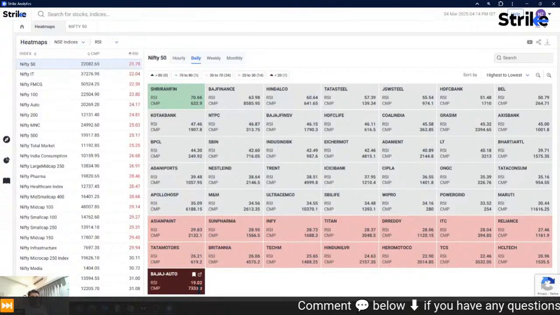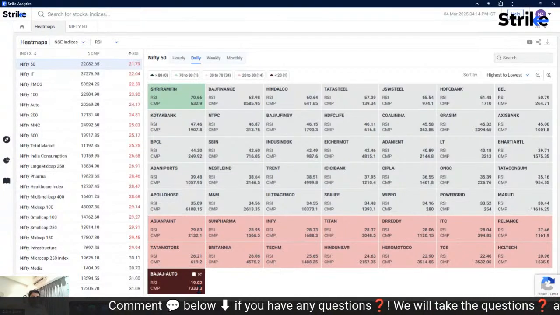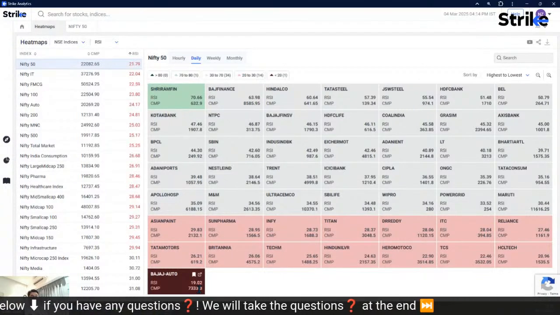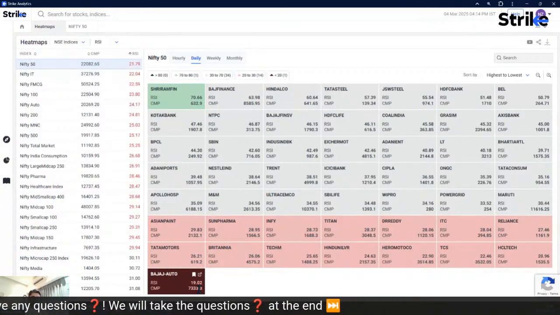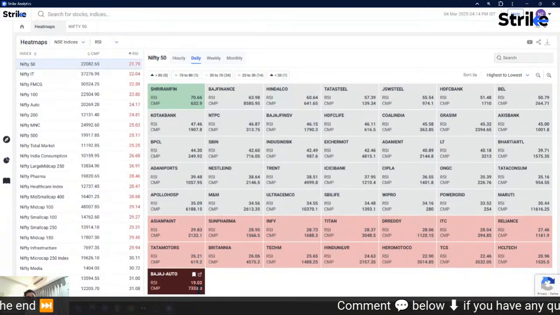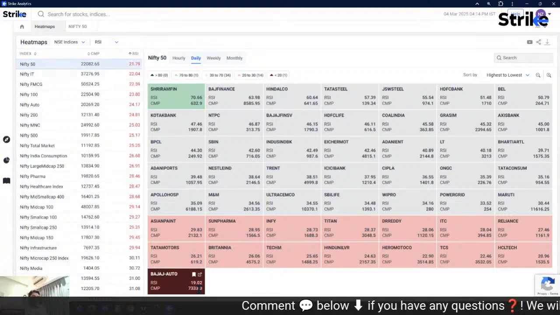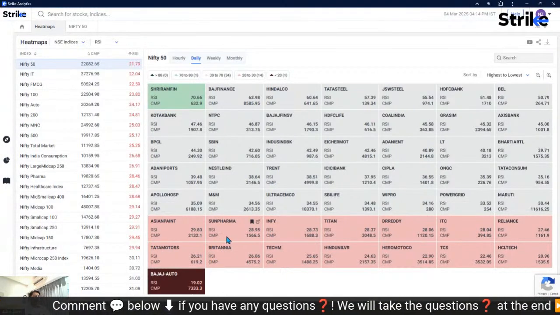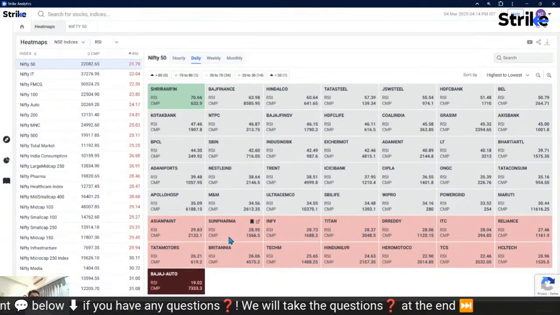As an investor, we also need to focus on all the stocks or all the sectors whose RSI is completely oversold. And when these stocks start bouncing back, when the RSI reading starts improving and goes back above 30, that is where generally traders focus.